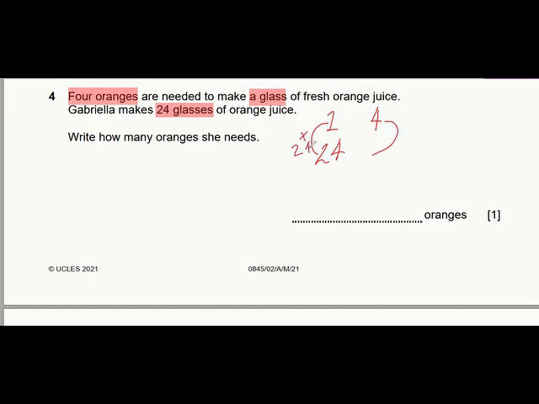That's it, 24. So I have to do the same on the other side, and I have to say 24. 4 times 24 is what? Well, 20 times 4 is 80, and 16 makes it 96. So this is the answer. 96 oranges are needed. We got it?